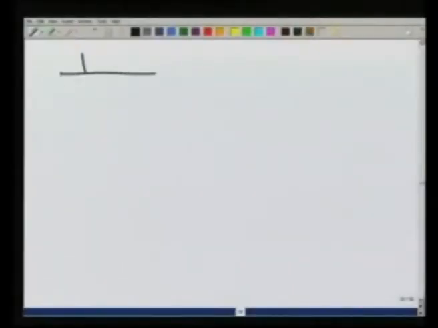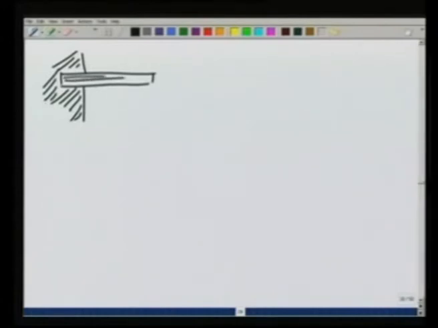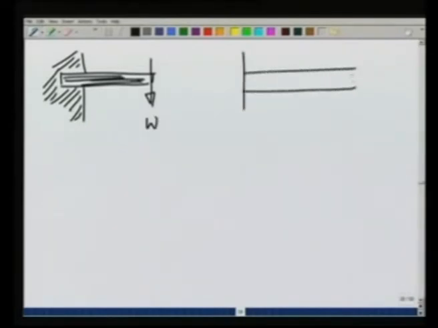Next, we look at built-in supports, that is, suppose there is a support or a beam which is inserted in a wall and is like this, and I apply the load here in any direction, or a support which is glued to a wall.